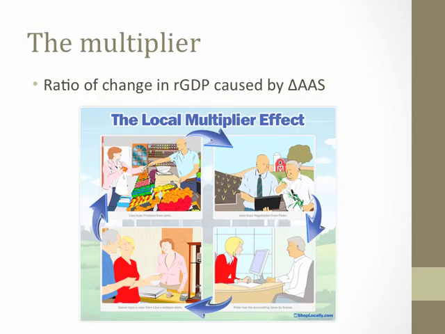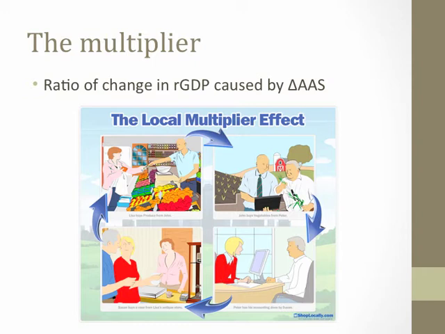All right, so what is the multiplier? It is the ratio of change in real GDP caused by a change in the autonomous aggregate spending. This gives you a nice mental image of what the multiplier looks like. A person gets a job, gets paid, makes commission, and goes and buys something at a store.